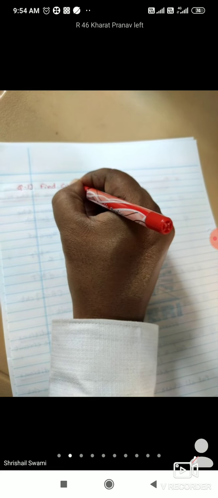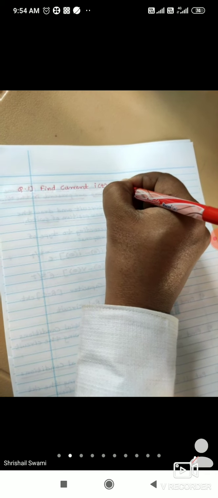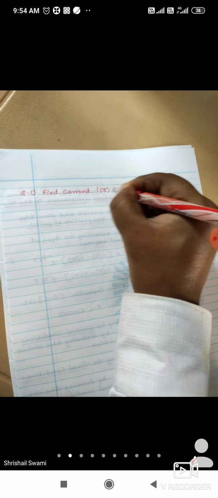Question number 1, I will take it as 1 because it comes under this category. Find current I of t for t greater than or equal to 0, that is I of 0 plus, when the switch is open at t equal to 0.